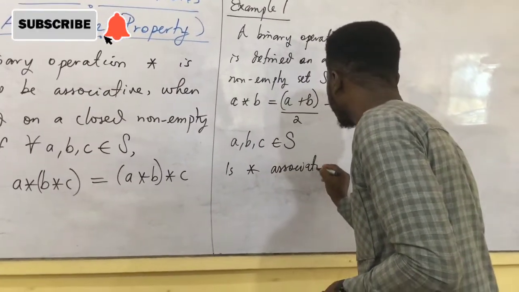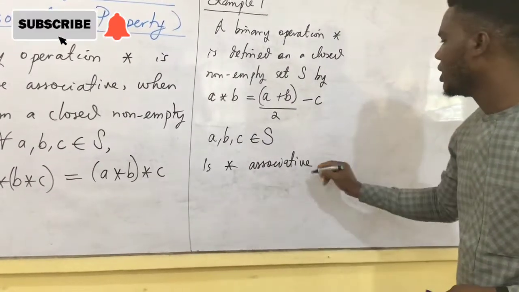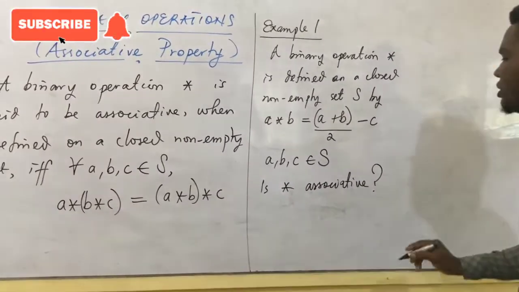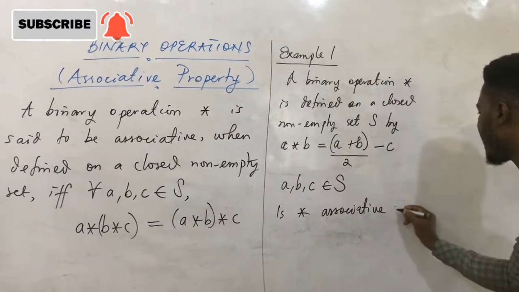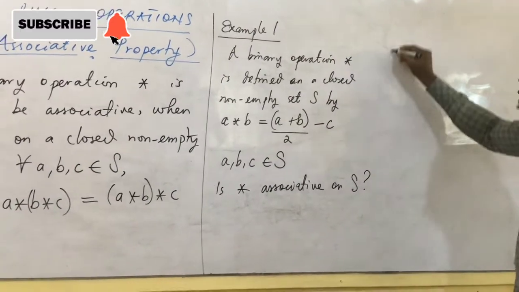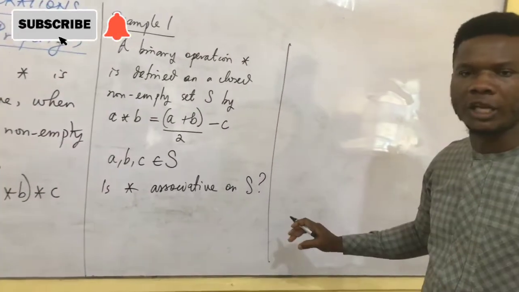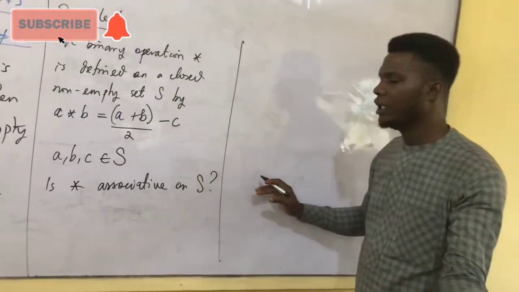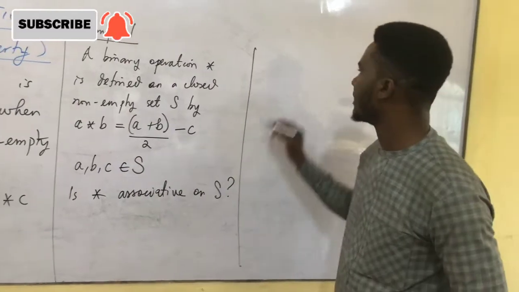So we want to test if asterisk, the binary operation, is associative. And let me put it precisely, is asterisk associative on S? So we want to see if asterisk is associative on this set. Okay? So come with me. Is asterisk associative on this set S? So let's see how that is done.